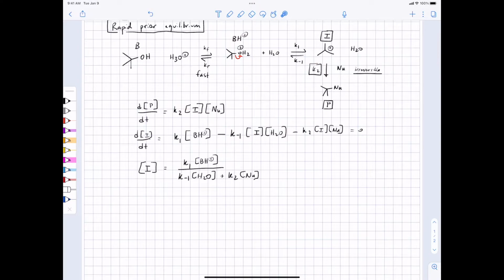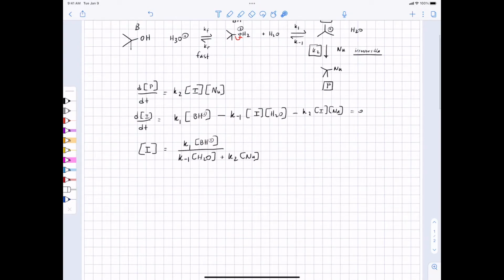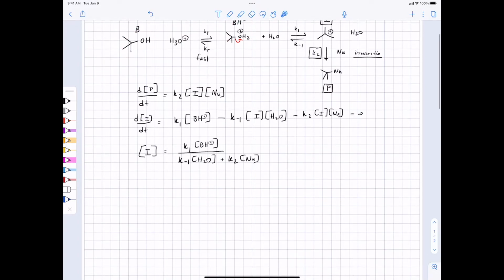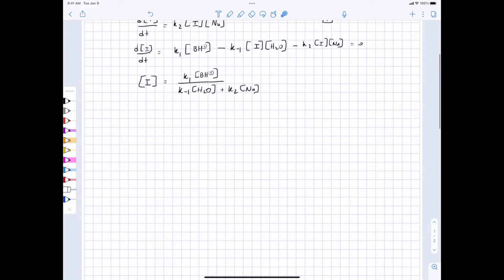And let's suppose that we have a way of monitoring the presence of this in solution, but not the protonated intermediate. So we need to do something here to have this protonated alcohol be in terms that include starting material and not just some intermediate along the way.